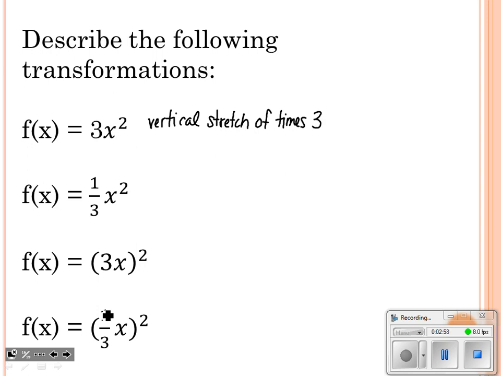Okay, the next one. Again, our constant or our multiplier is in front of the entire parent function. We've got 1/3 x squared. But with the multiplier this time being a constant between 0 and 1, we've got that fraction 1/3. This is the one that results in the vertical shrink.